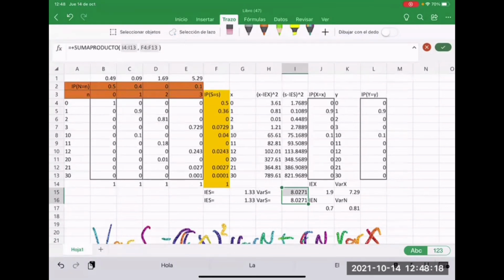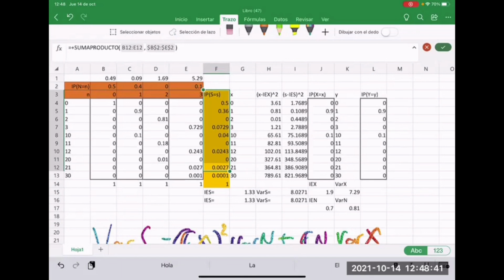So we're very happy about this because now we have not one or two, but three ways to verify that our computations are correct. The first one is to use the theorem of total probability and see that in the end, all of these probabilities add up to 1.